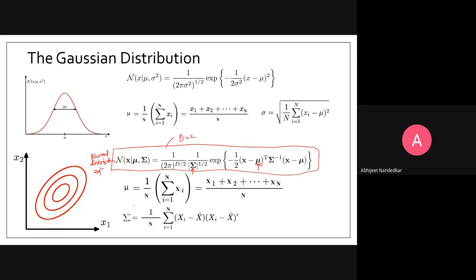How to obtain mu, the procedure is given over here, you can go through this. How to obtain the covariance matrix is also given here. Okay, so this is the average of the outer product of the differences between samples and their respective means. If you do that, you will get the covariance matrix.